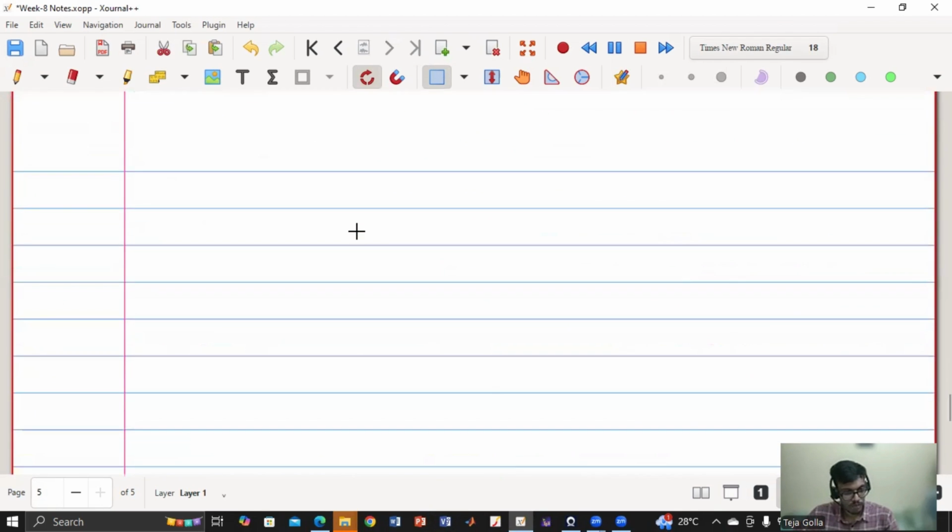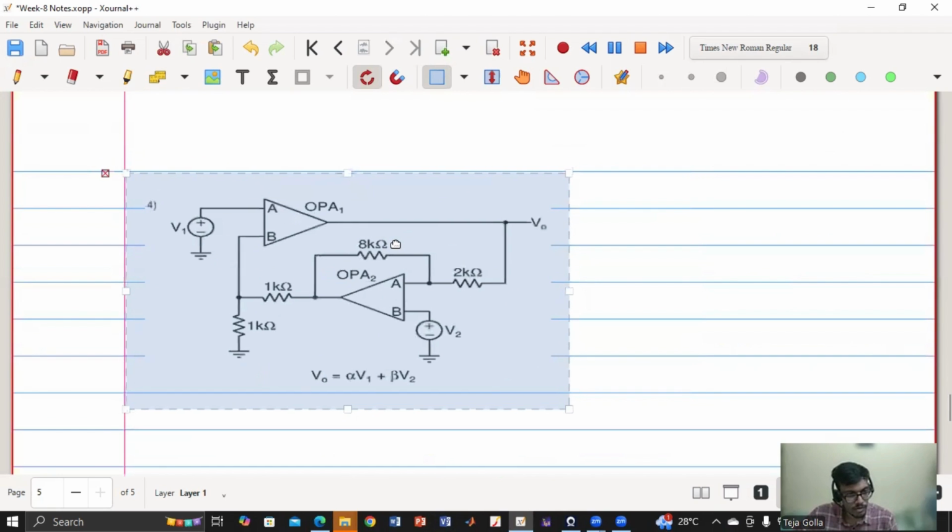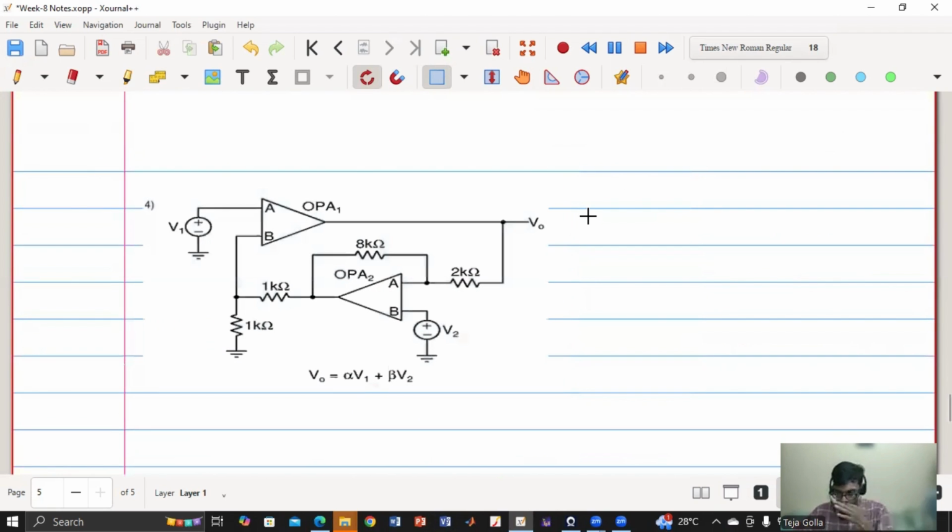So now we are doing it for op-amp 2, right? First op-amp 1 we have done. Now I'll consider my op-amp 2 and see how it needs to be connected to make it negative feedback. Assuming that I don't know any information about op-amp 1 or the terminals, I will assume that it is connected in negative feedback so that the virtual short concept is still applicable.